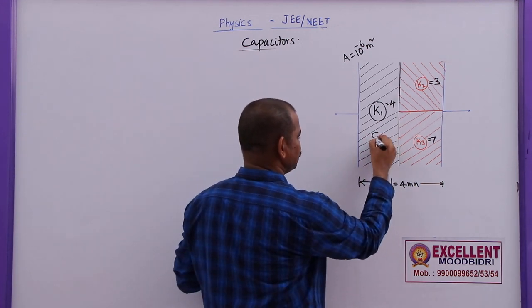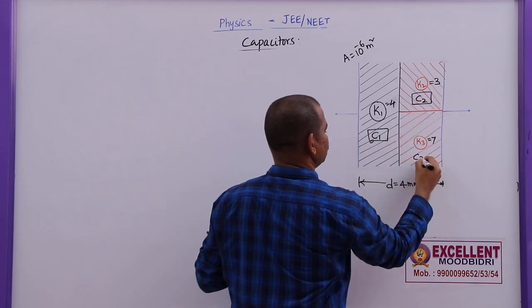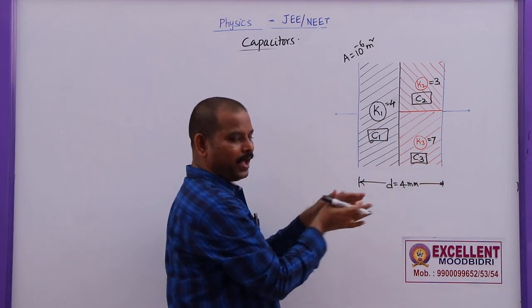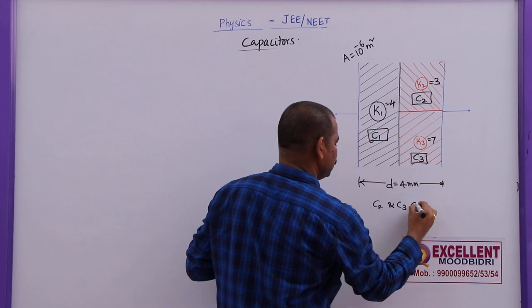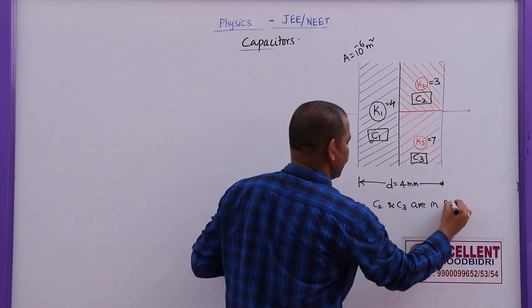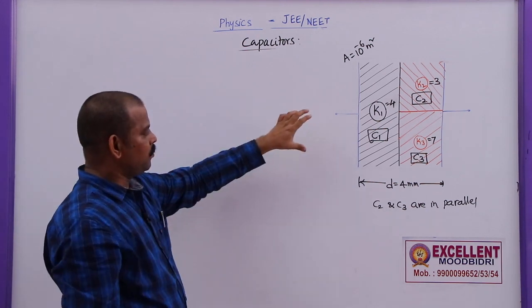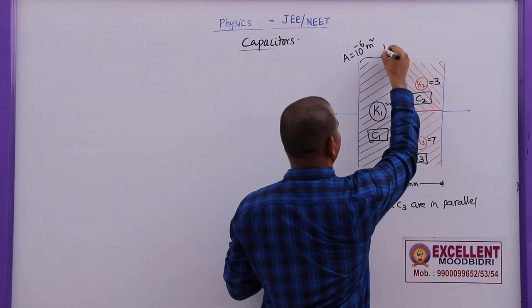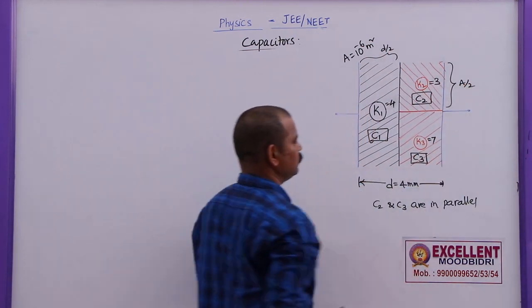The first one has capacitance C1, this is C2 and this is C3. Here C2 and C3 are parallel to each other. C2 and C3 are in series with this C1. So, first let me find out the C1 value, and it is also given that this is D by 2 and this is A by 2.